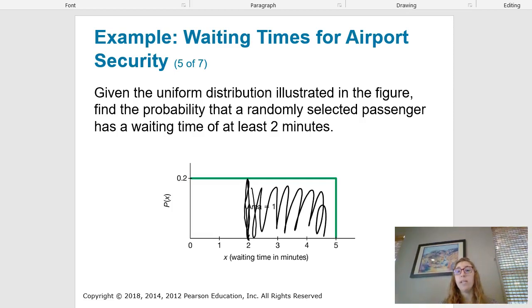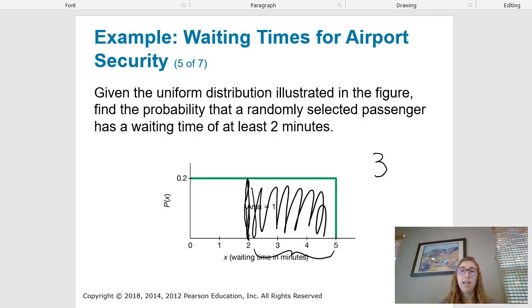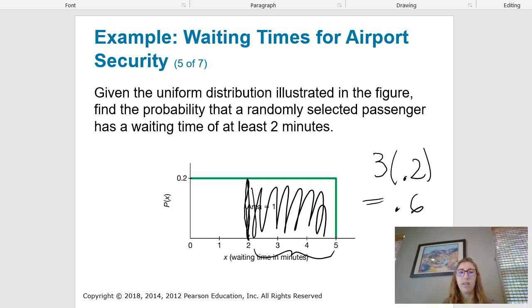So we need to find the area of this rectangle here. Its width is our distance from 2 to 5, which is 3, and its height is 0.2. So we're going to get 0.6. That tells us that the probability that a randomly selected passenger needs to wait at least 2 minutes is 0.6.